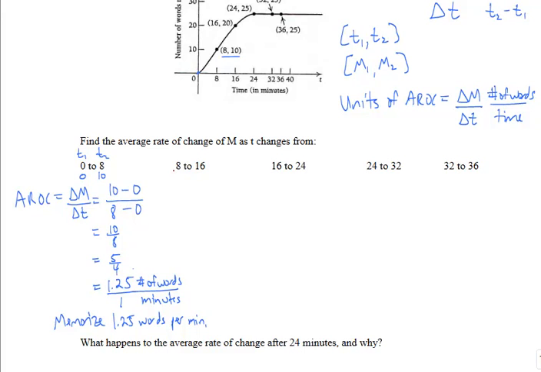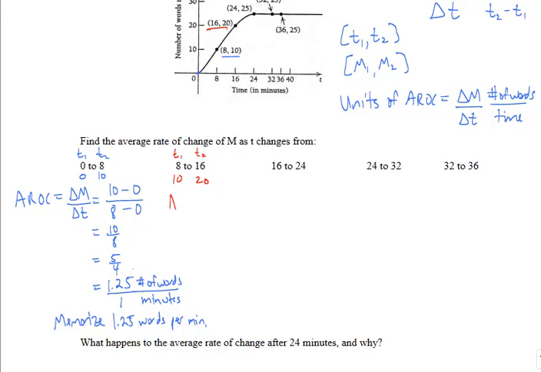This time our t is starting at 8 and going up to 16. So our t sub 1 is 8 and our t sub 2 is 16. T sub 1 of 8 seconds again corresponded to 10 words, and 16 seconds corresponds to 20 words.